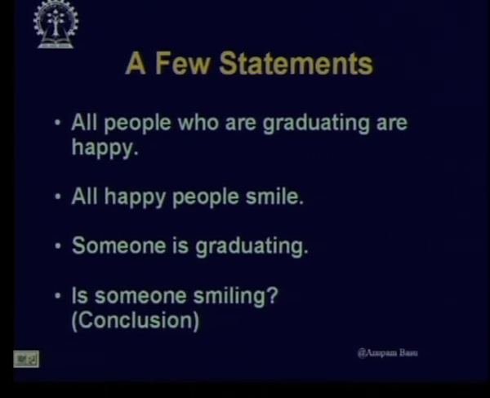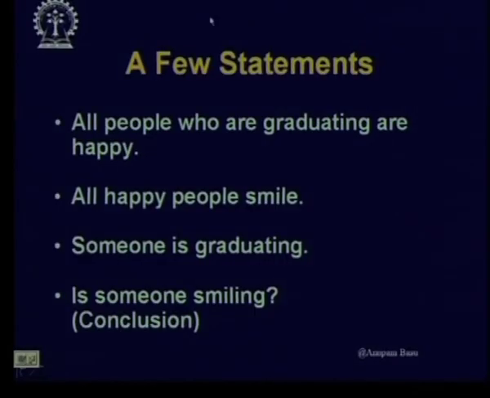That means there is at least one person who is graduating, and anybody who is graduating is smiling. So, is someone smiling? Should be yes; someone is smiling should be proved from common sense. However, a computer will not apply common sense in that way. It needs a mechanical procedure by which the same reasoning can be carried out.